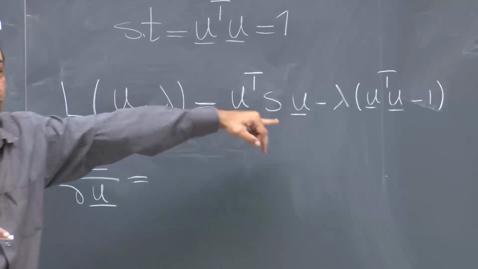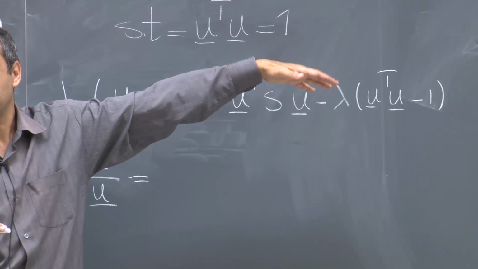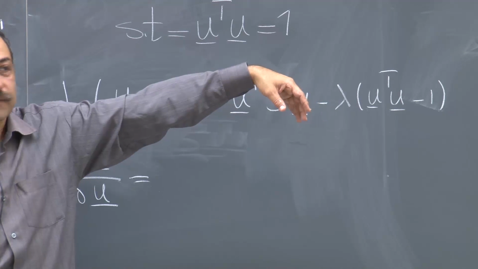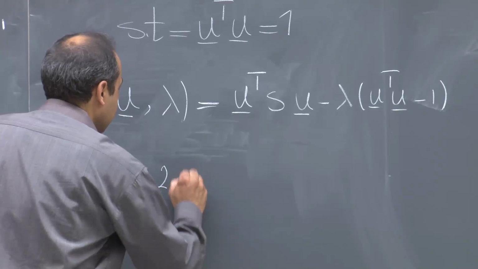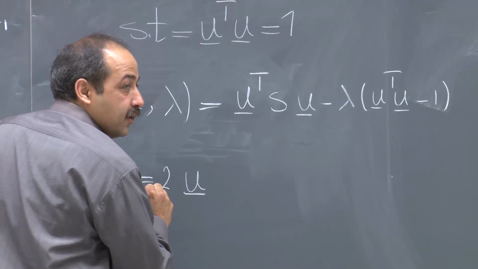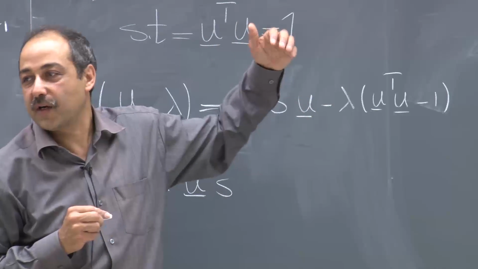What's the derivative of U transpose SU with respect to U? 2US. It's quadratic, right? Like x squared gives 2x.